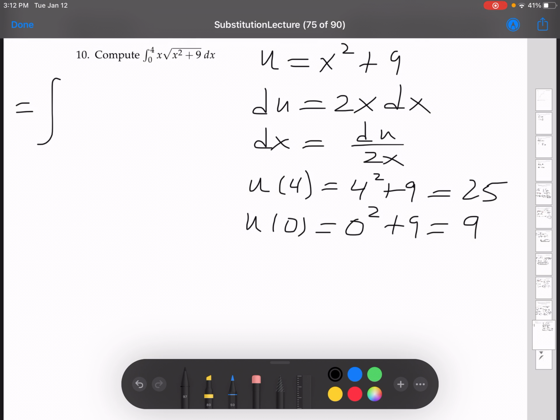And so then we have x root u du over 2x. We're going from 9 to 25. The x's will cancel.